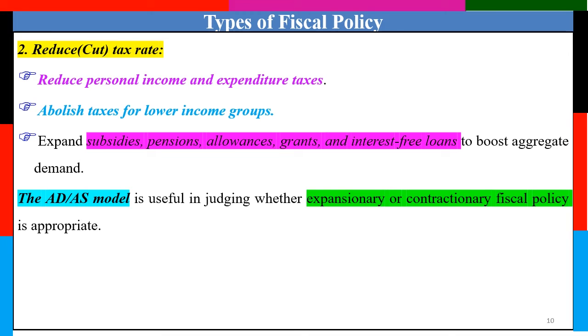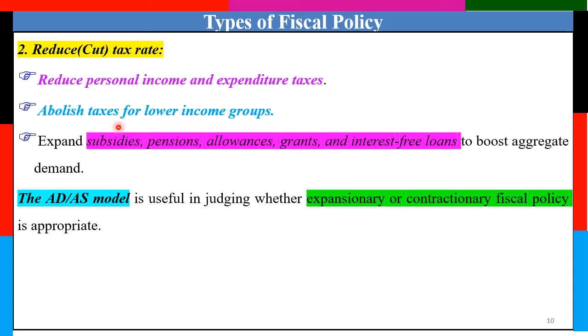The second tool for expansionary fiscal policy is to reduce or cut taxes. This implies reducing the personal income and expenditure taxes. Cutting taxes means reducing personal income and expenditure taxes.